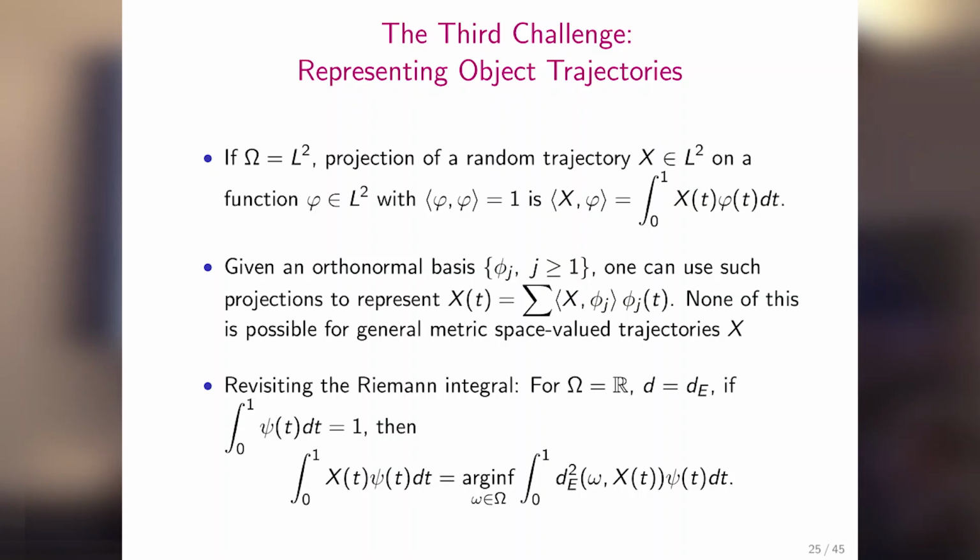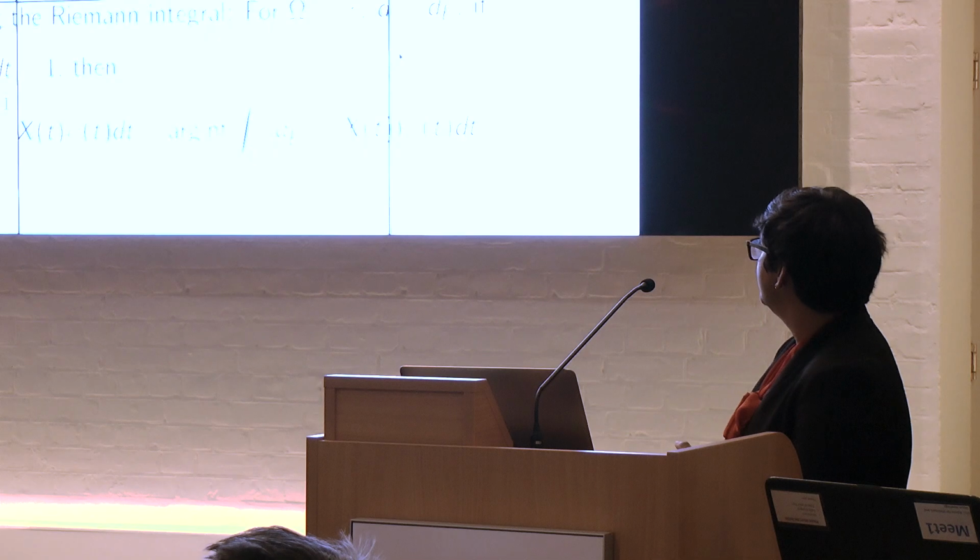But if omega was a Hilbert space, then the obvious thing to do would be to take projections along the eigenfunction using the inner product that's available. But unfortunately, we don't have an inner product in our metric space. So what could we do?